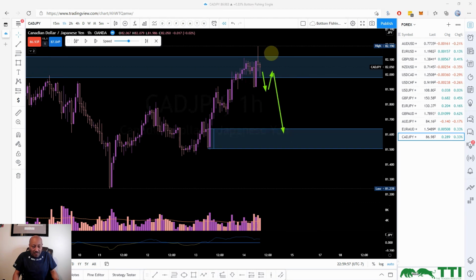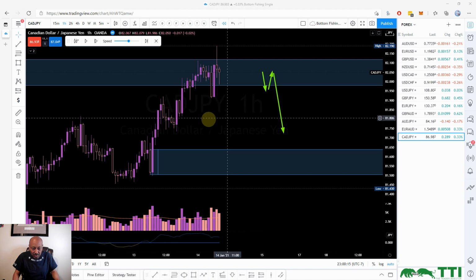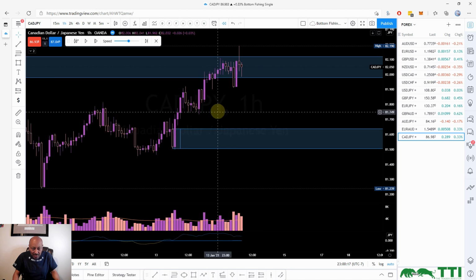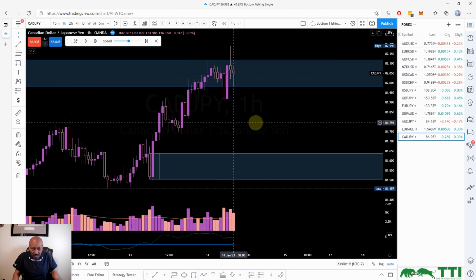And if this were to play out as we forward this chart, is there any imbalance that could be blocking us? We could see a very, very small imbalance here.